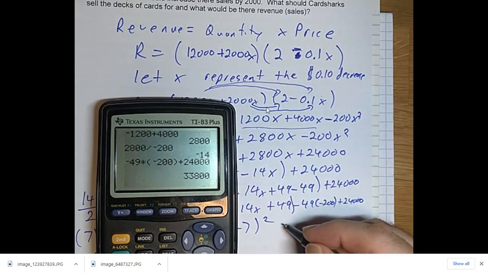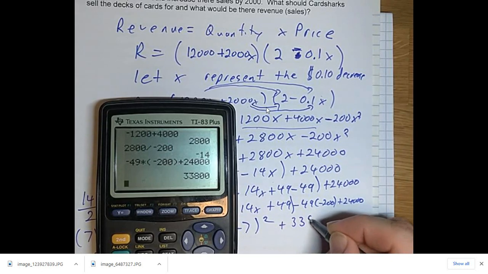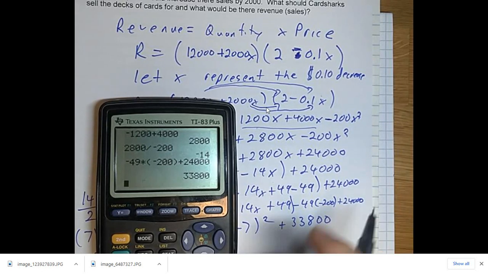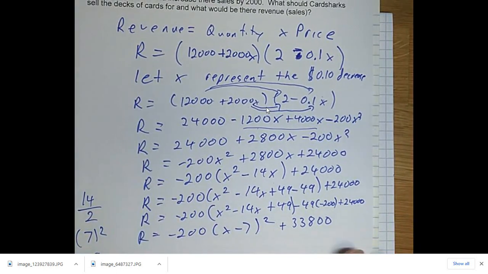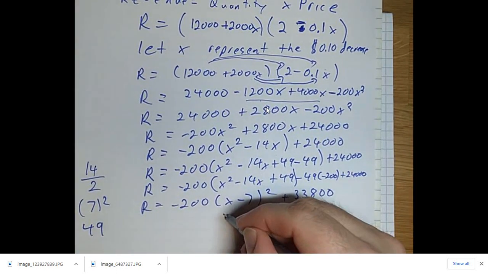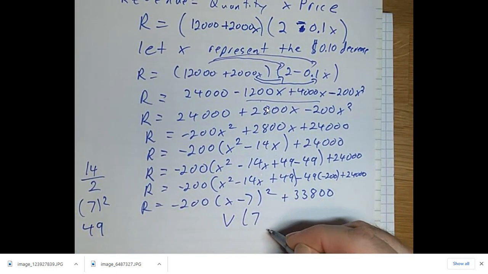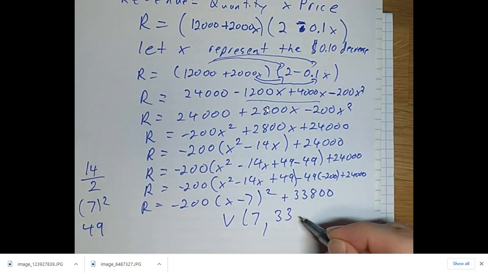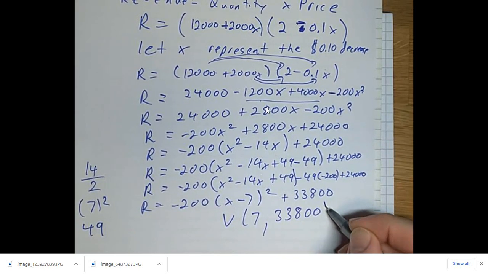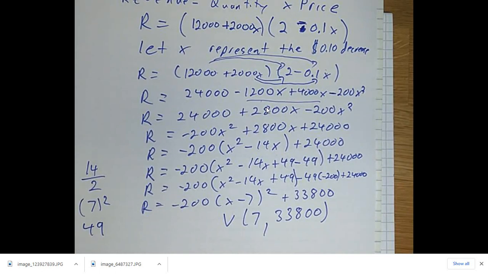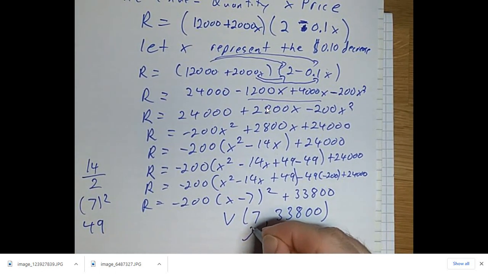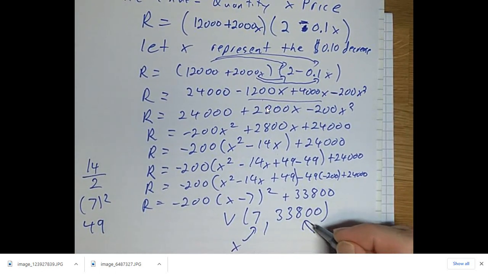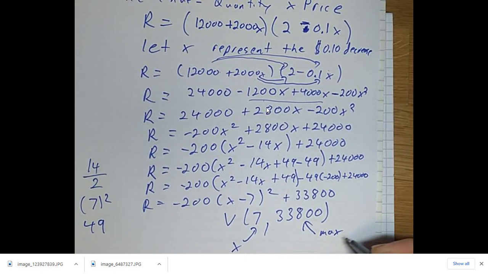And I get plus 33,800. Okay, my vertex, 7, 33,800. So it's 7, that. Now this is my x. That's my maximum revenue, or my R max revenue.